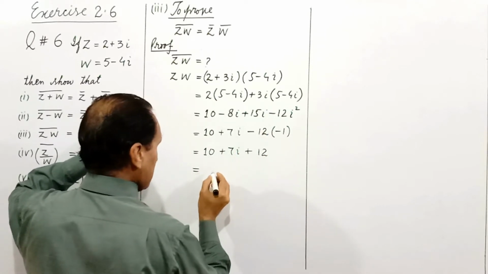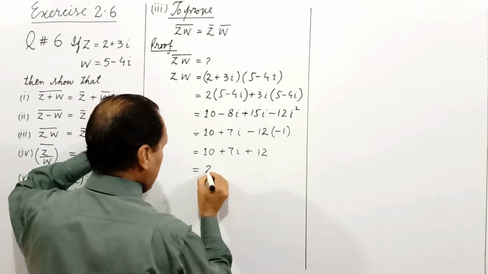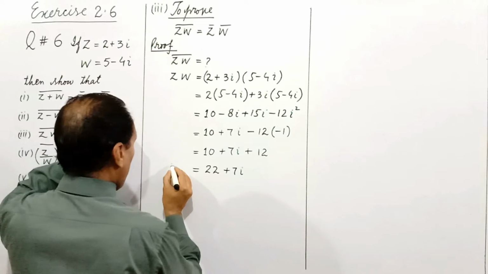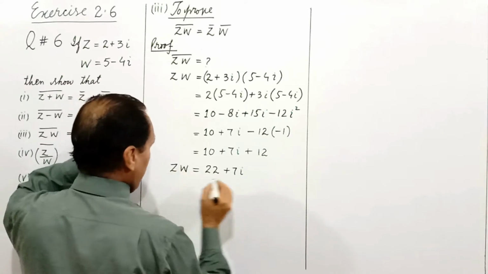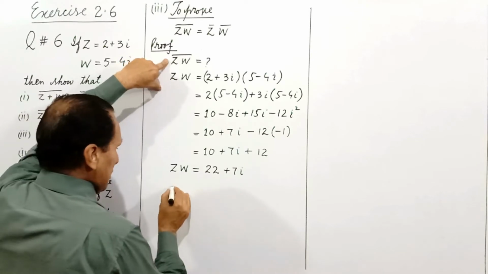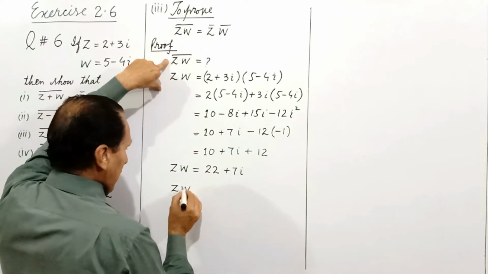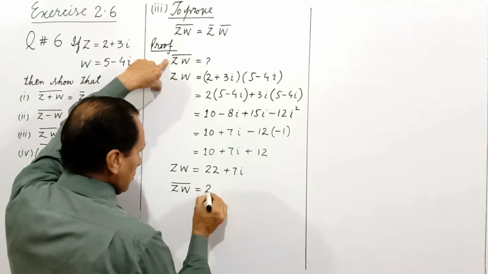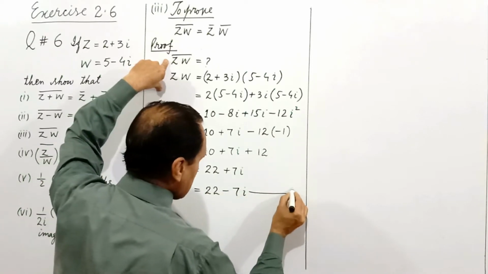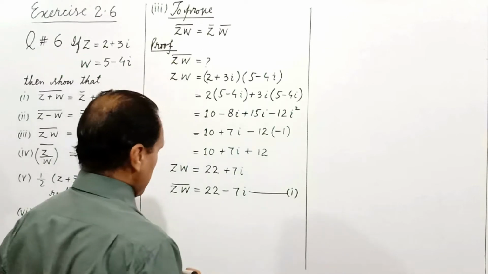And we get 10 plus 12, 22 plus 7 iota. We got ZW. As the left hand side we need its conjugate, so we take the conjugate of both sides, and what we get? 22 minus 7 iota. We name it as equation 1 for reference.